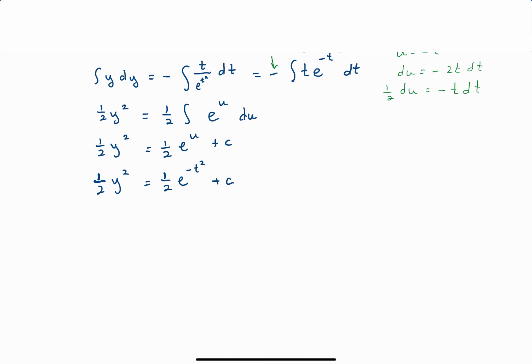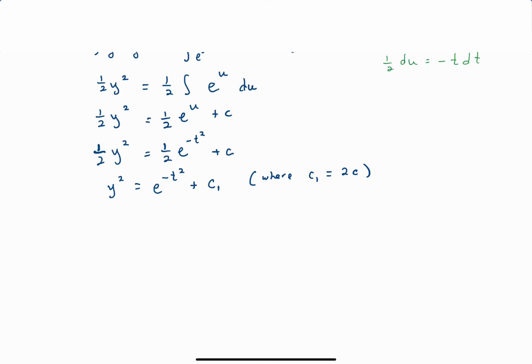So let's multiply both sides by 2 to get rid of those 1/2s. That'll give me y squared equals e to the minus t squared plus, and people usually just keep the c as a c, but I'm going to do that same thing I did in the other example to hopefully help the notes make more sense to you later. So c1 is just my name for 2c.